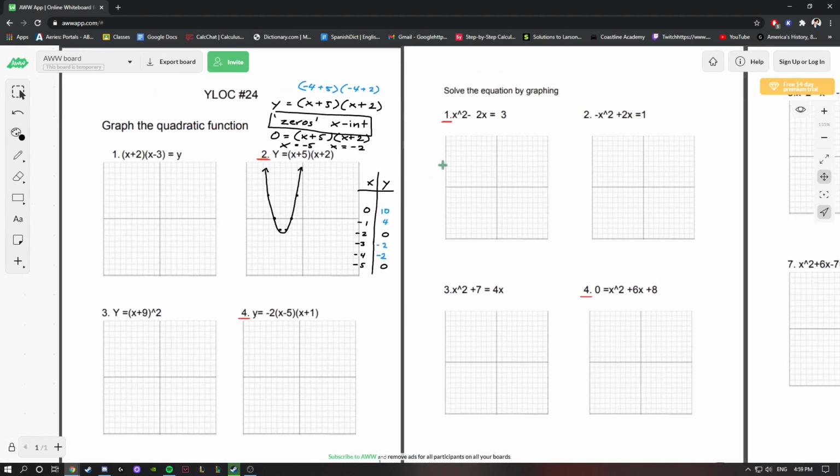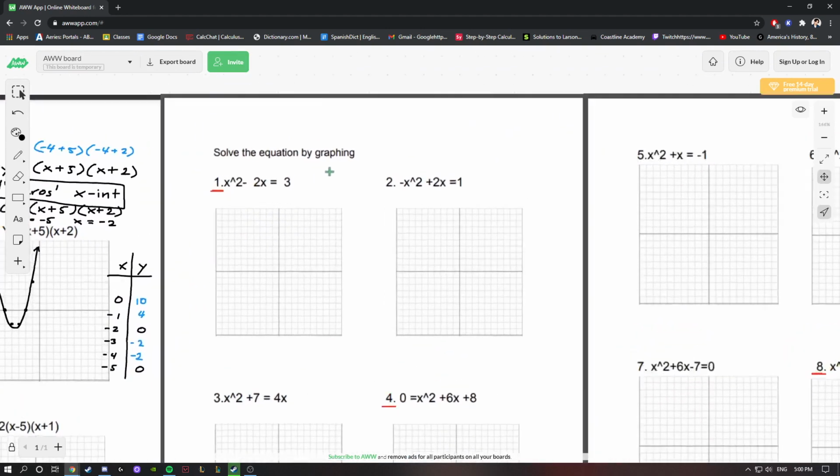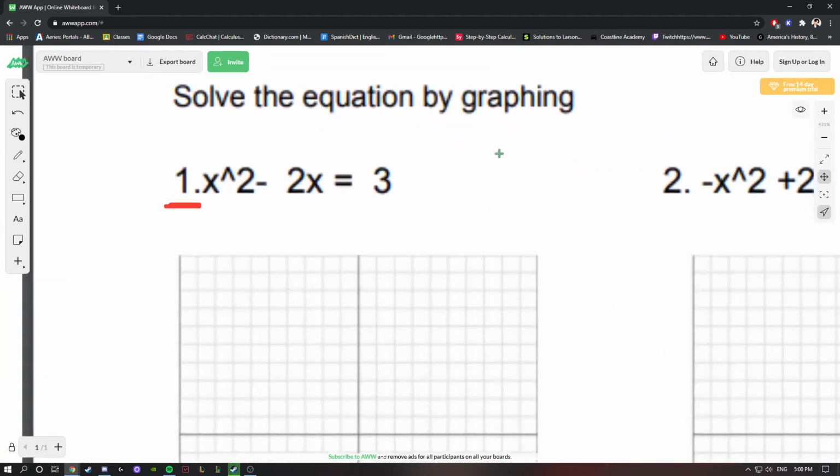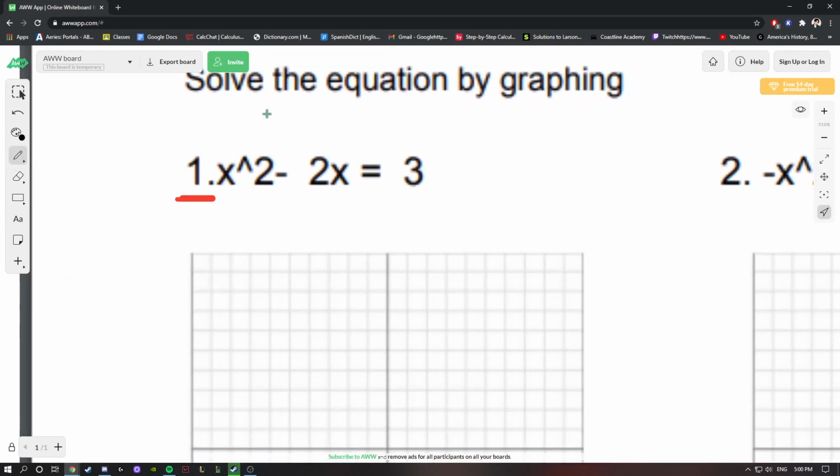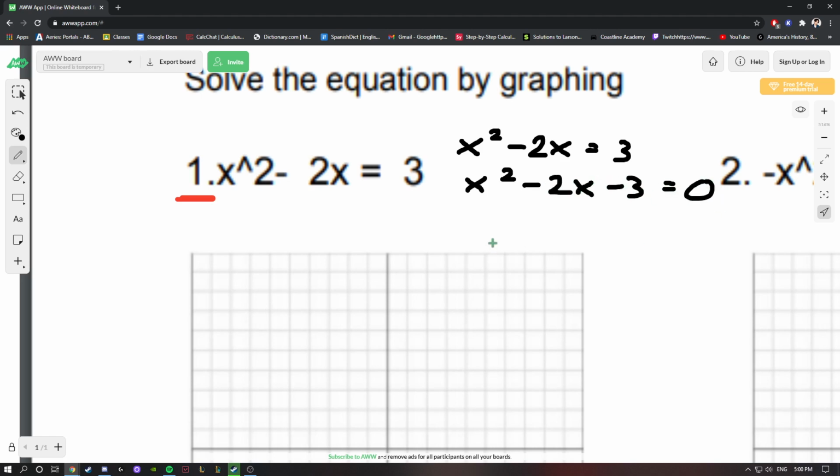We're not going to have too much time, so I'm just going to go on to this next page. Solve the equation by graphing. We're given x squared minus 2x equals 3. What we want to do is move 3 over to the other side and set the whole equation to 0. And then we want to factor.